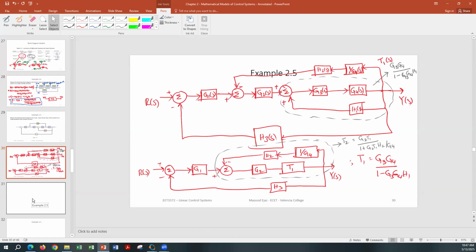Okay, so let's go ahead to the next slide. I'm going to eliminate that and put T2 in place of the whole thing.